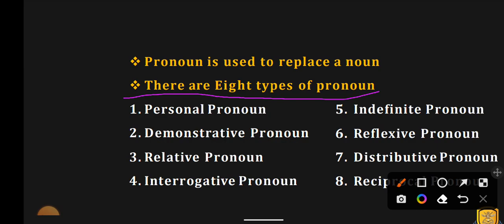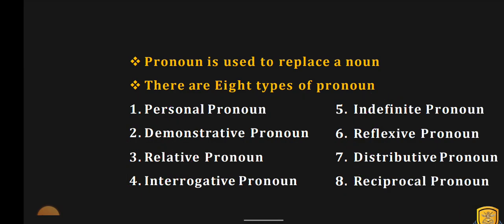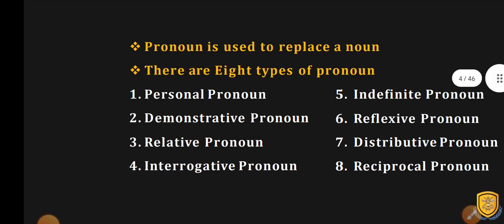How many types? 8 types of pronoun. First one is personal pronoun. Second, demonstrative, relative, interrogative, indefinite, reflexive, distributive, and last reciprocal pronoun. Okay, is it clear?